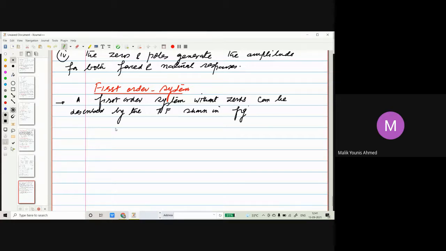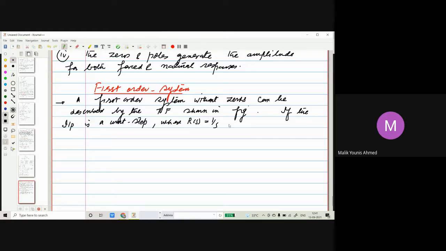Now, if the input is a unit step, we know what is unit step, where R of S will be 1 by S in Laplace transform.